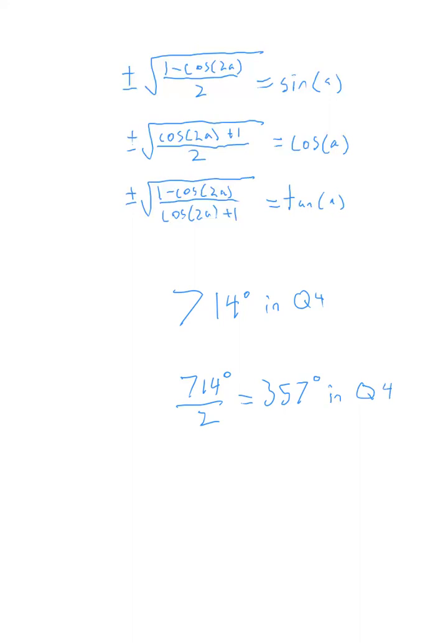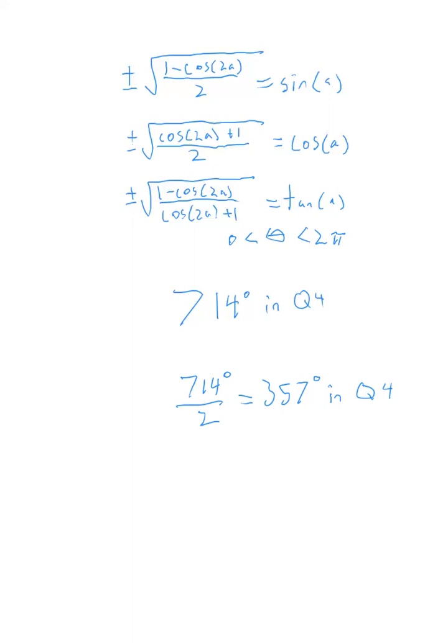So this is just an illustration that you get to know exactly what quadrant you end up in if you know what range of values your theta had to be. If you know that theta is between 0 and 2 pi or 360, then knowing the quadrant does help you a lot.